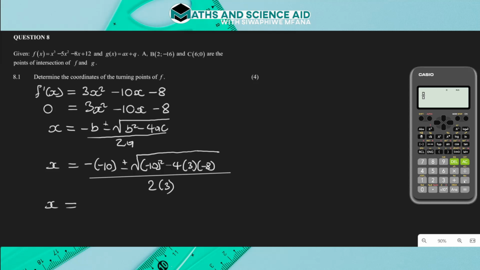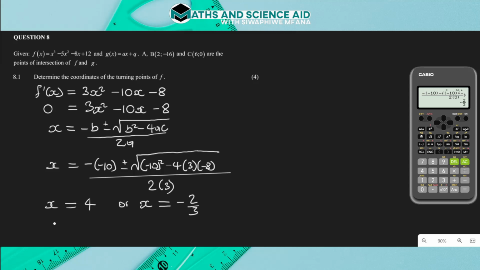So we just input all of this into the calculator. So one of the x values is equal to 4. Now we need to work out the second value of x. So just go to our calculator and change that plus to a minus. And there we go. Our second value of x is negative 2 over 3.